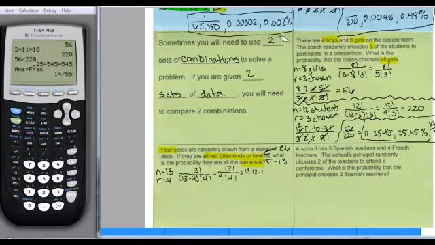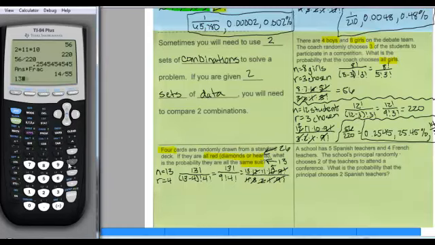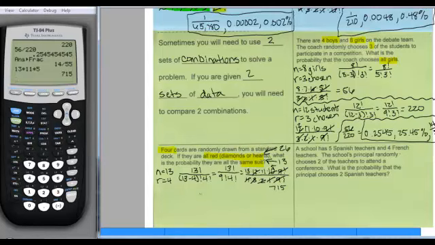Wow. 13 times 12 times 11 times 10 times 9 factorial over 4 times 3 times 2 times 1 times 9 factorial. Those cancel. 1 cancels. 4 times 3 is 12. 10 divided by 2 is 5. So 13 times 11 times 5, which is 715. There's 715 possibilities of doing it that way, of just one suit.